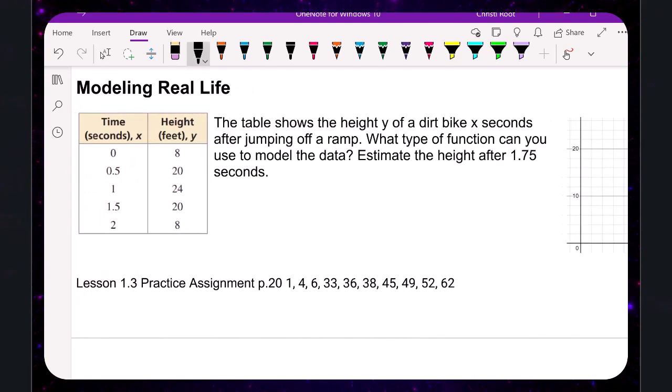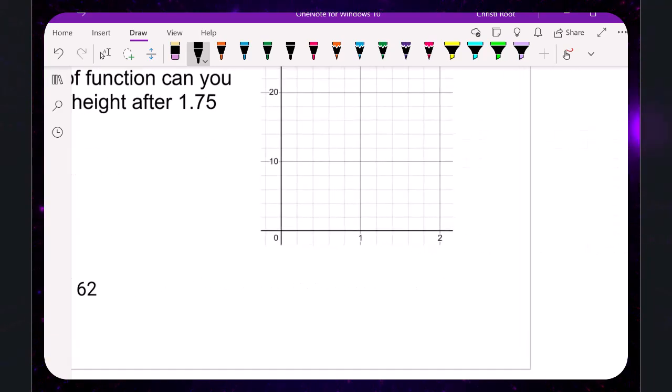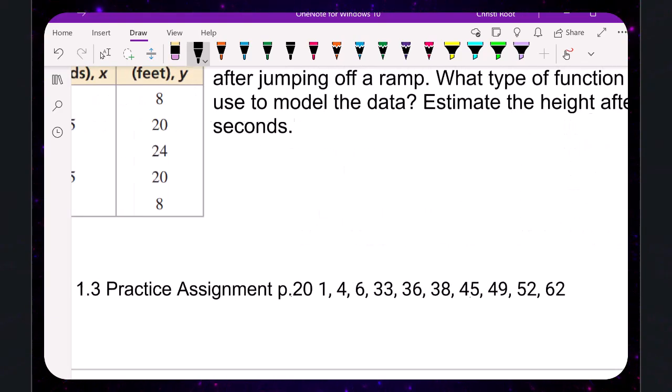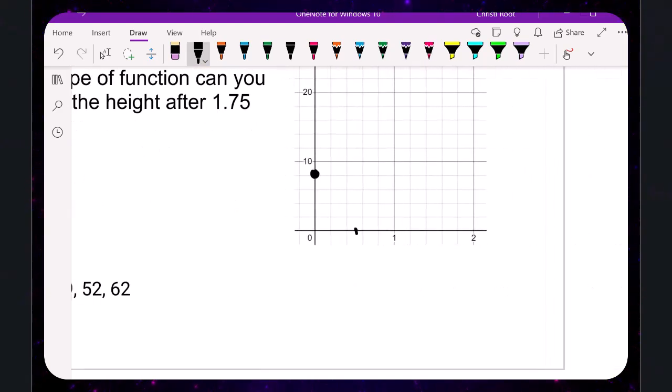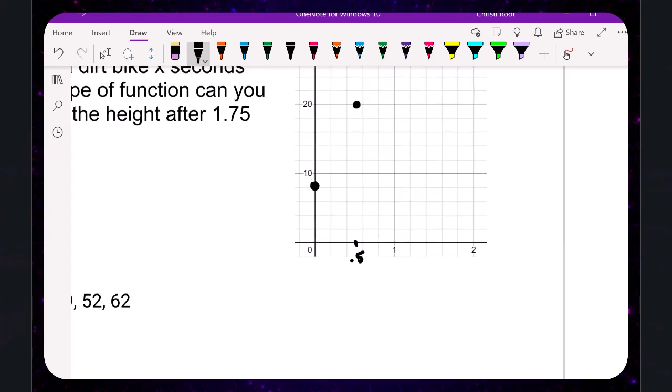So let's go ahead and make a little scatter plot: 0 and 8, and each one of these lines vertically is 2. Then 0.5 and 20, so 0.5 is going to be halfway here. It's going to jump all the way up to 20, and then 1 I do believe is 24.